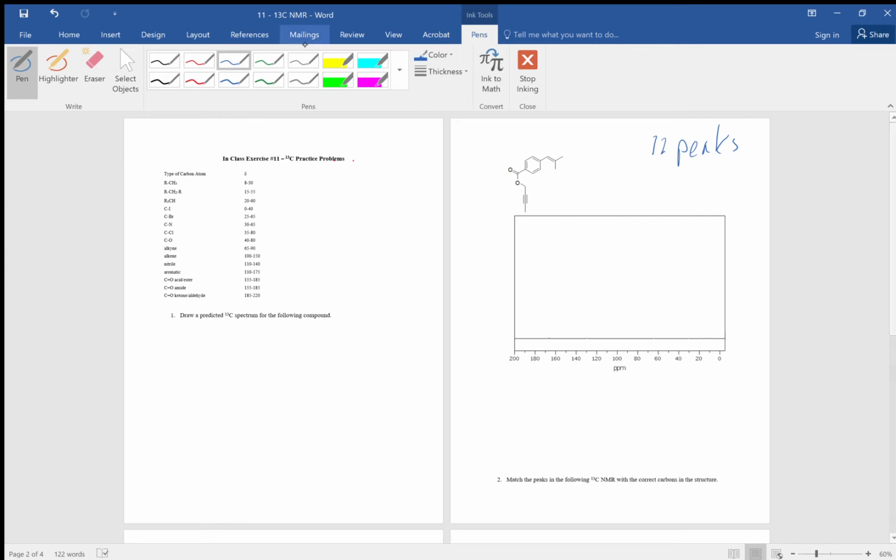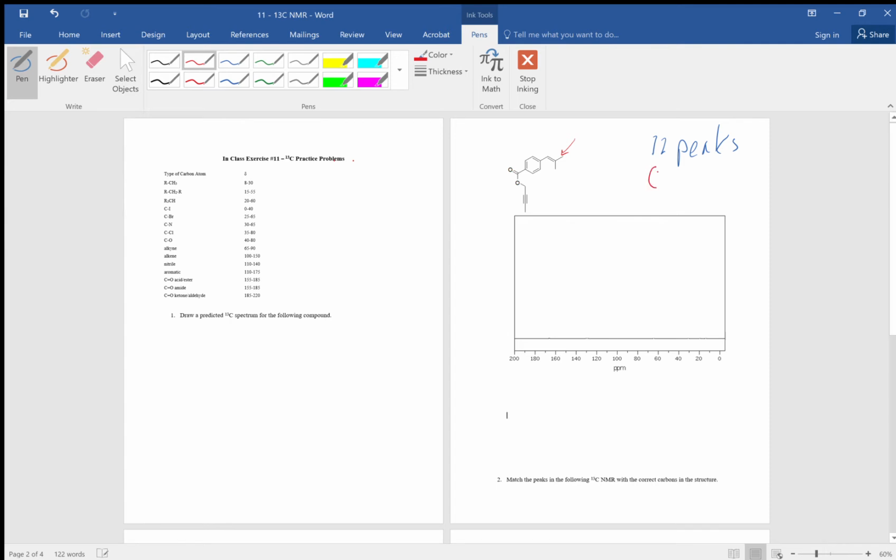And so what we're going to start with are these two methyl groups at the end that are attached to the alkene. What I should say about the 12 peaks is right now I would expect you to come up with 12 peaks. As we learn more about stereochemistry later on in this course, you'll learn that these two methyl groups on this alkene are not equivalent.